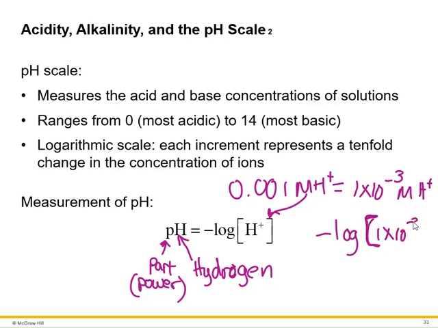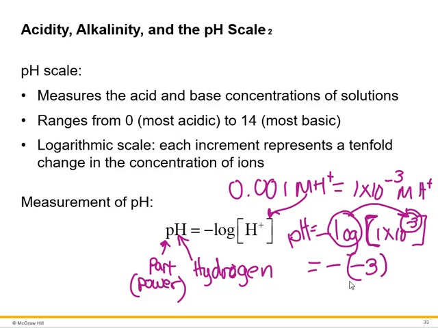The log of a number is the power of 10. So the pH is equal to the negative log of 1 times 10 to the negative 3. So that'd be a negative of negative 3. And a negative times a negative is a positive, so the pH is just 3. So that is how you determine the pH of a solution.